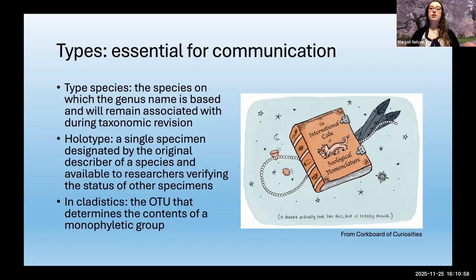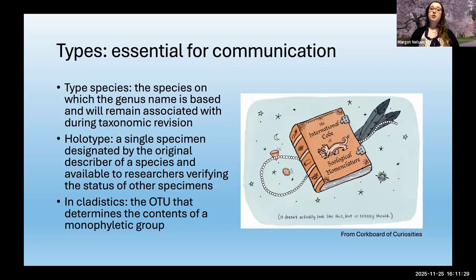So that holotype becomes the point of comparison to determine whether something is the species or not. In cladistics, that type species and the holotype become the taxonomic unit that determines the contents of a monophyletic group. So having these sorts of things ironed out is crucial for us to be able to communicate about diversity.